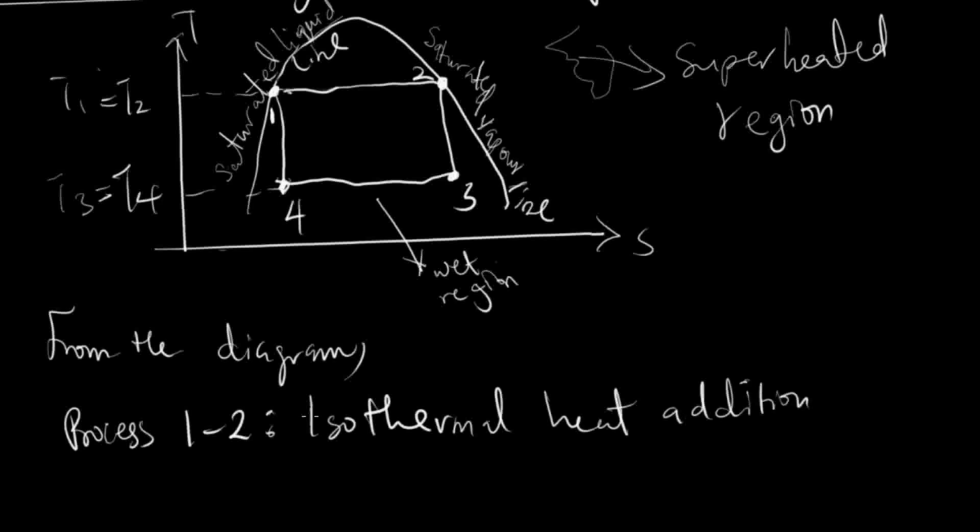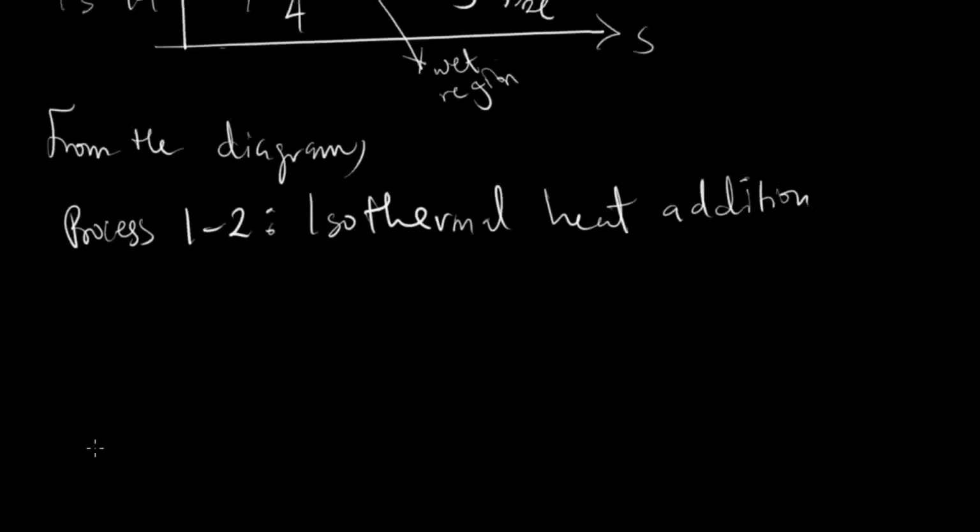Process 2-3 is the isentropic expansion.